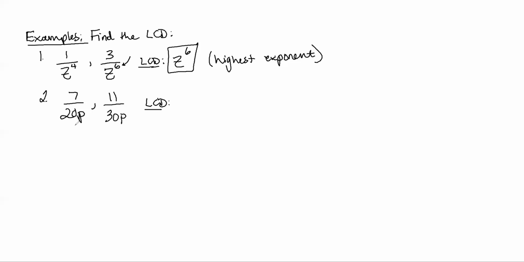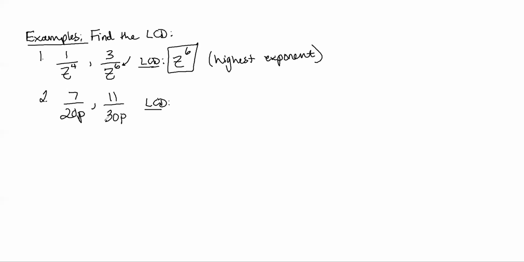Now, if we break it down into the different things that we see here, we have numbers in the front, we have coefficients, and we have a variable that's the same in both. If we look at the numbers first, what is the LCD of 20 and 30, if those were our denominators?